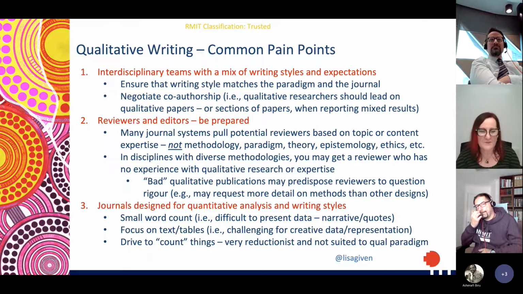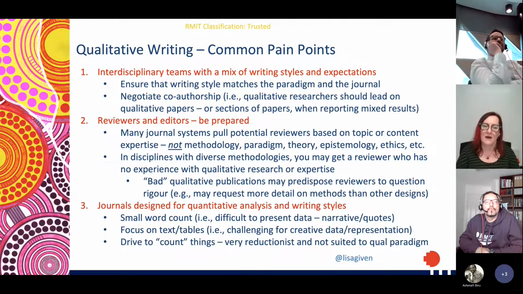I thought I would just mention at the top some of the most common pain points that come through this writing. As I go through the presentation, I've brought some examples of pain points. I like to show people the kinds of reviews that we sometimes get from reviewers because we learn a lot through that lens.